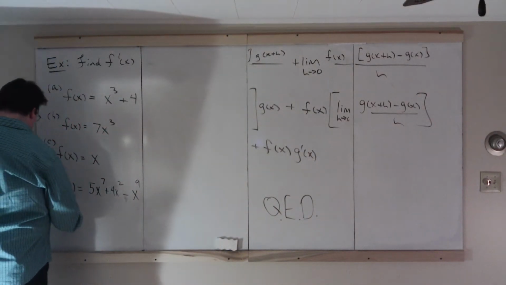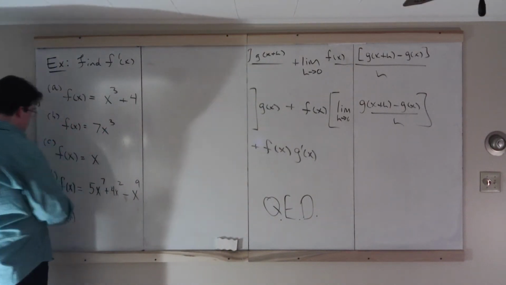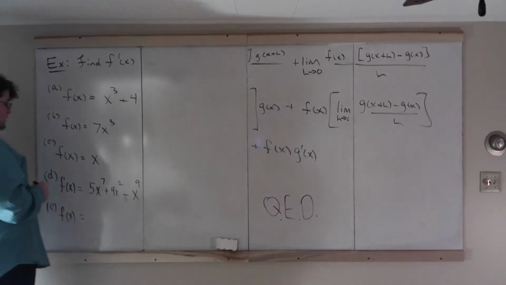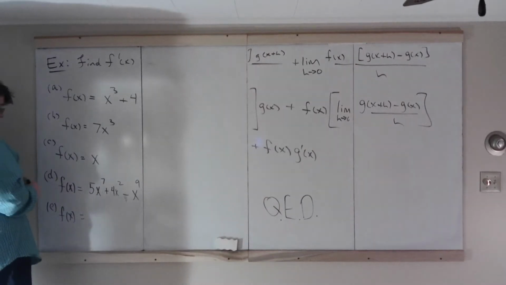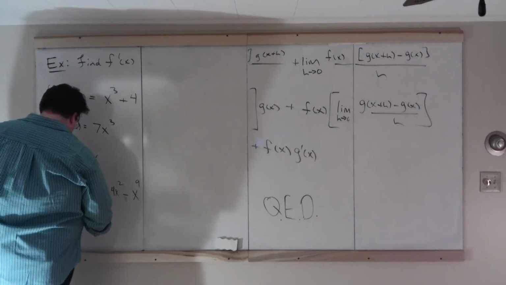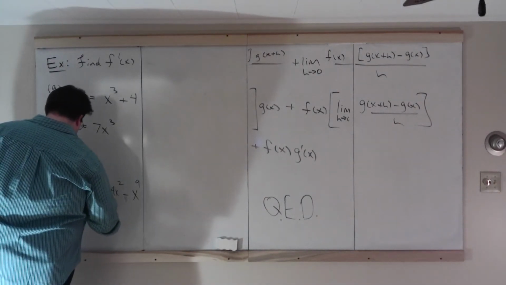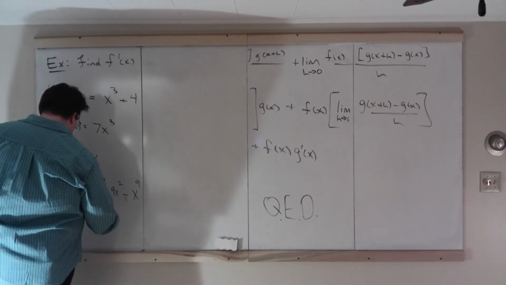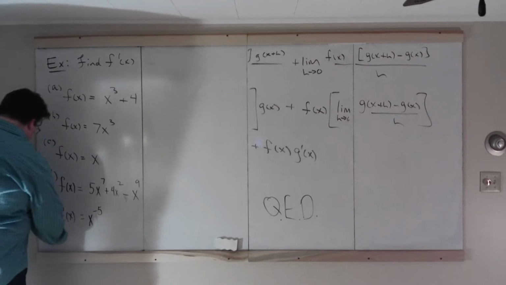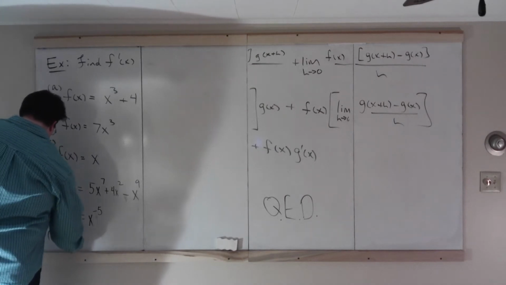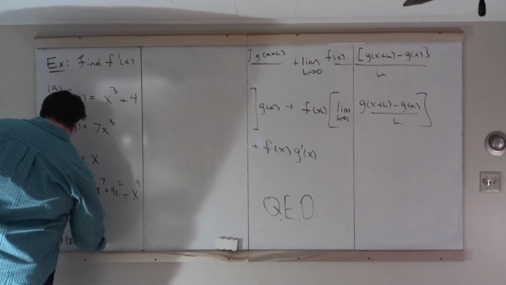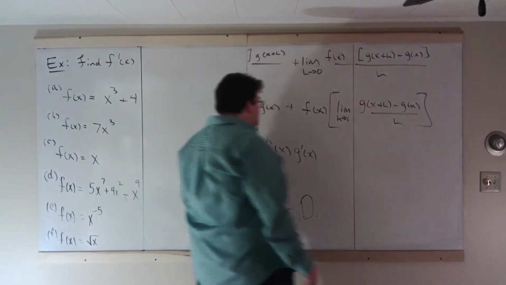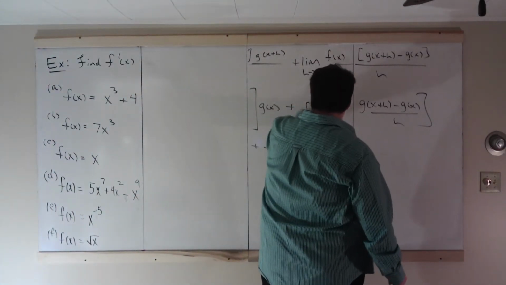E, and we're going to put an F and a G on after this, maybe even an H. F of x equals what? Let's do x to the negative 5. I guess I'll put an F down here too. Part F, f of x equals root x. So let's do these 6 examples, then we'll do, I don't know, 2 more.